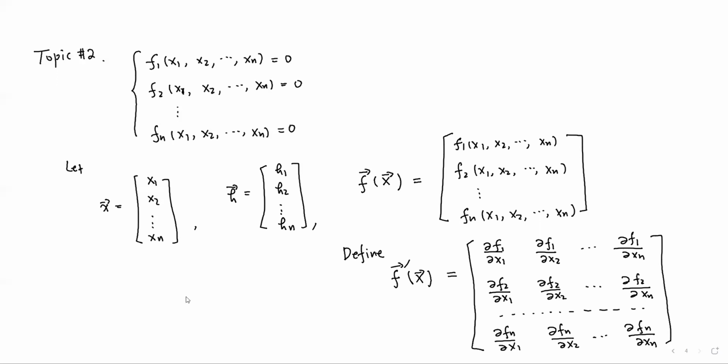This matrix is called the Jacobian matrix. We usually denote this matrix by J. Okay, all right.